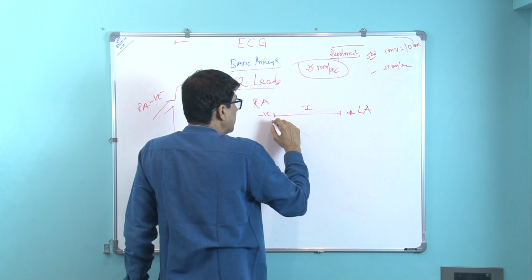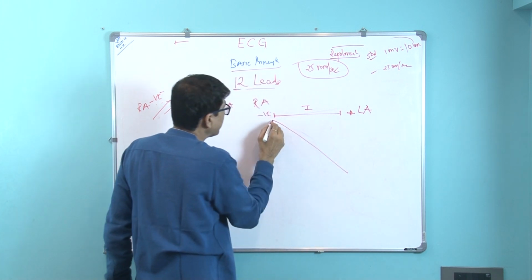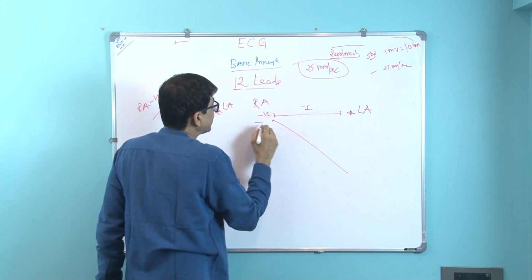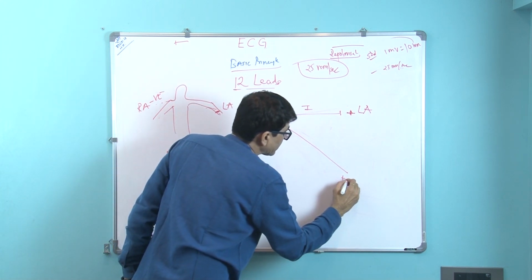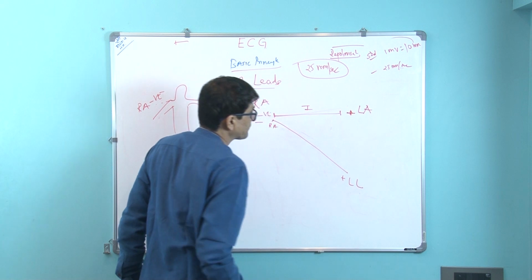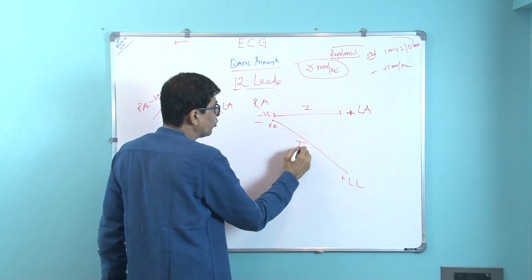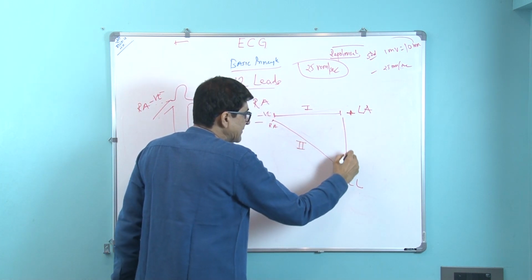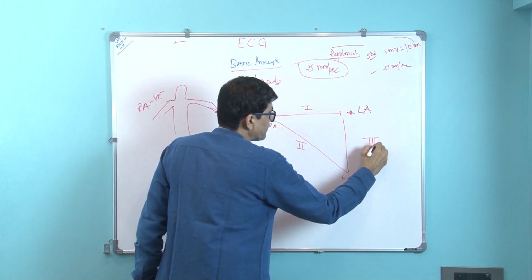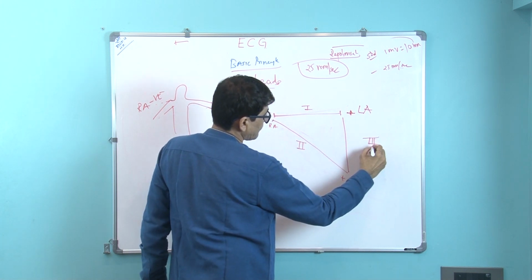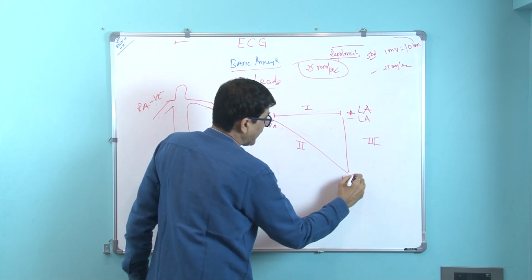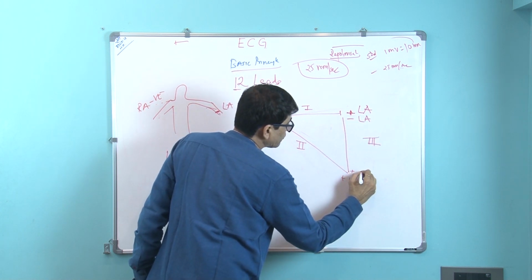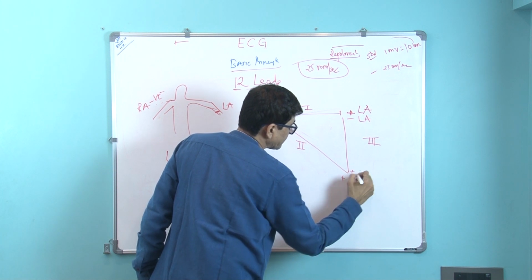Second, lead 2, where negative is connected to the right arm and positive is connected to the left leg. This is lead 2 and this is lead 3, in which negative is connected to the left arm and positive is connected to the left leg.